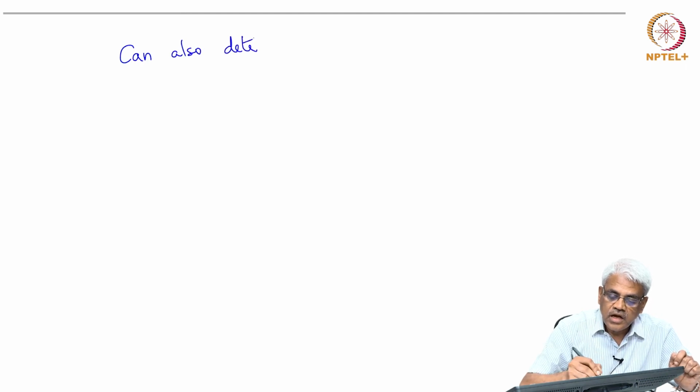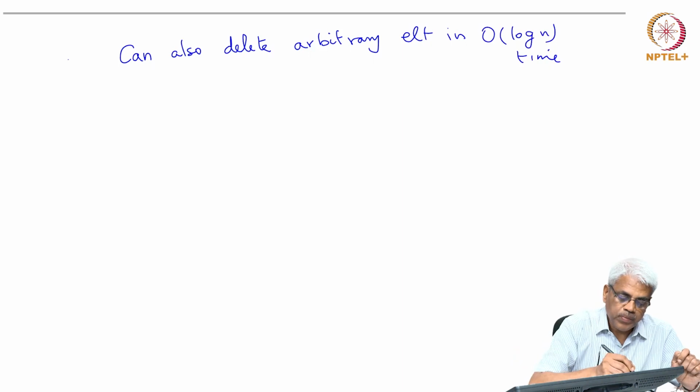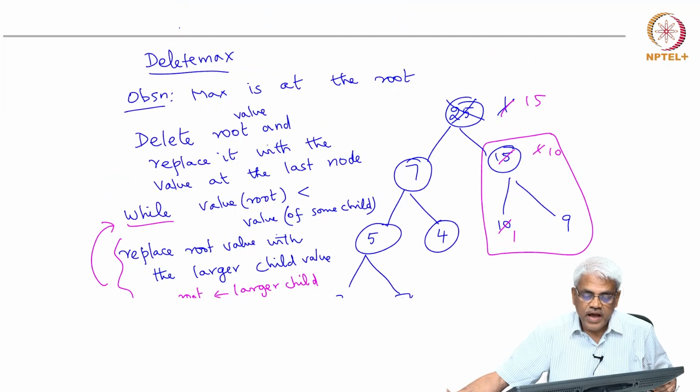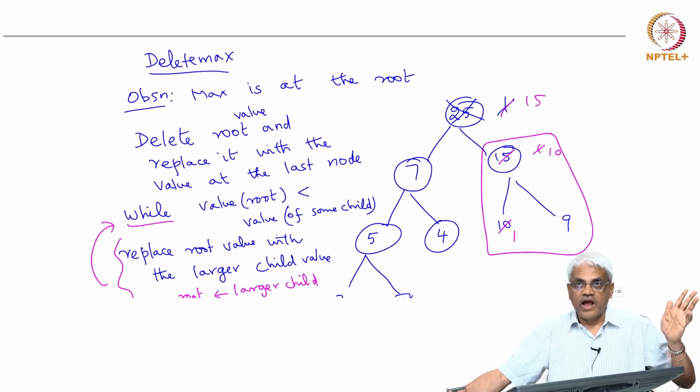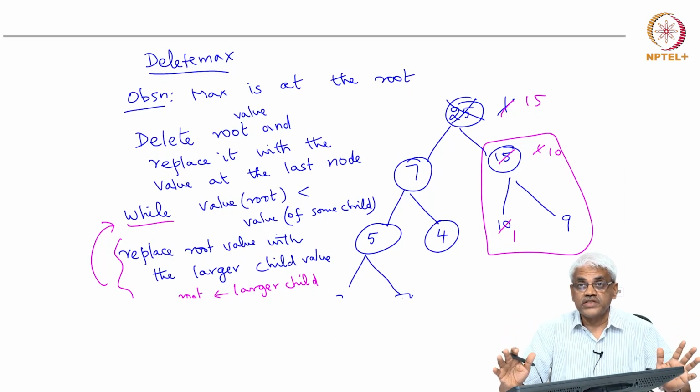So you can also delete not just max, but an arbitrary element in order log n time. The only thing is that when it comes to delete max, I know it is in the root, but if I say, oh, delete 7, I don't ask me to search for 7, because that's a hard operation here.